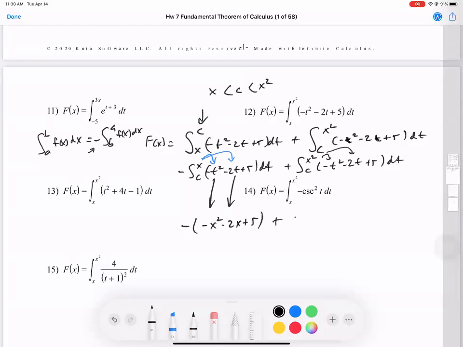So plus negative x squared squared minus 2x squared, again the t's became x squared, plus 5. That's a constant. And in this case, be careful because we have to do chain rule. And the derivative of x squared is 2x.